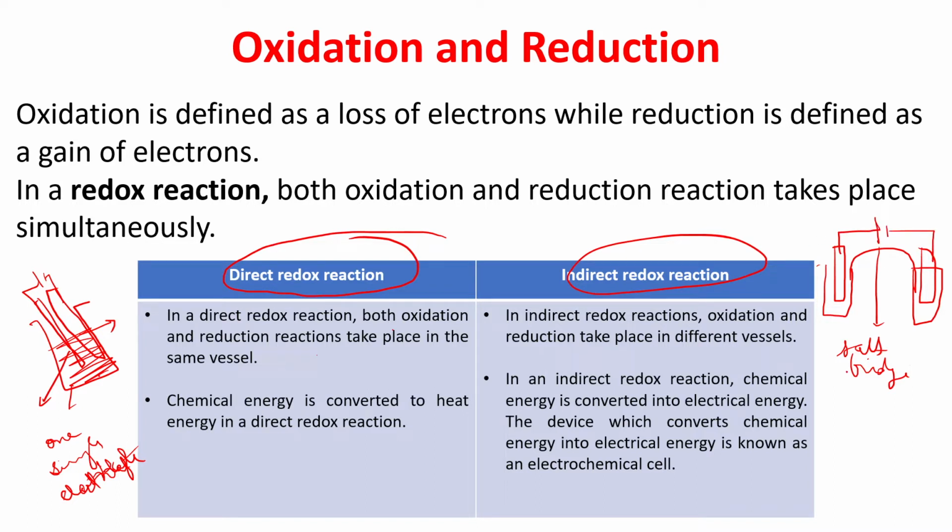So these kinds of redox reactions, where the electrodes are not sharing a common electrolyte, are called indirect redox reactions. In a direct redox reaction, chemical energy is converted to heat energy, while in an indirect redox reaction, chemical energy is converted to electrical energy. The device which converts chemical energy into electrical energy is known as an electrochemical cell. So basically in electrochemical cells you will see these kinds of indirect redox reactions.